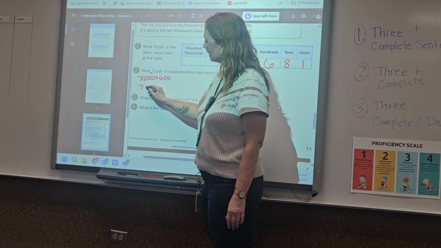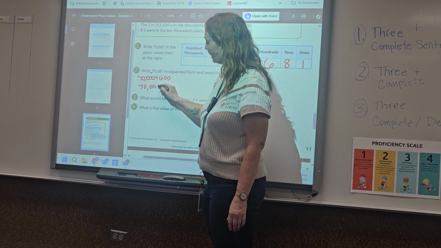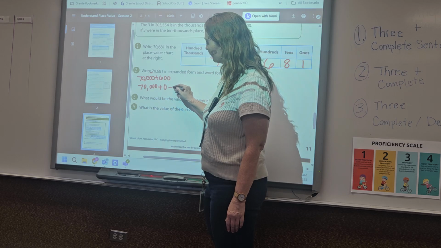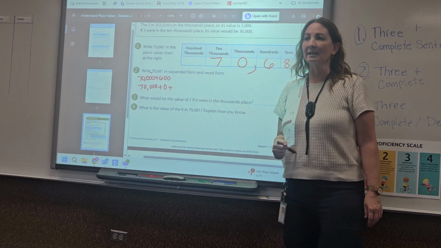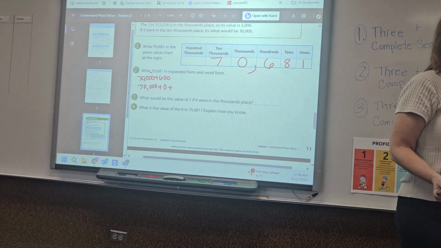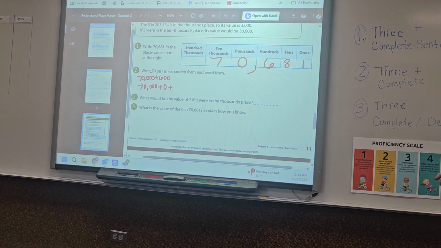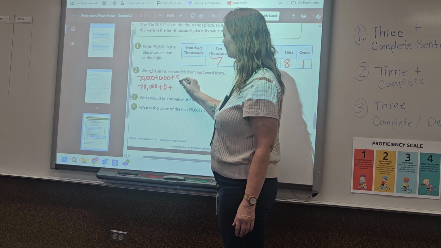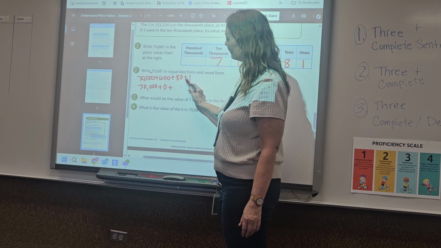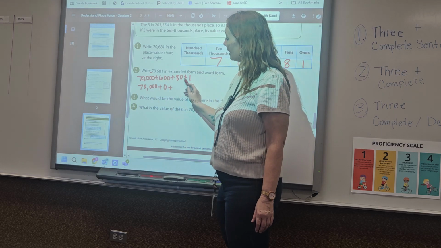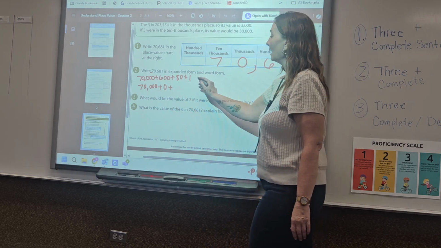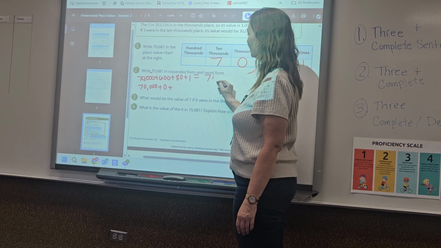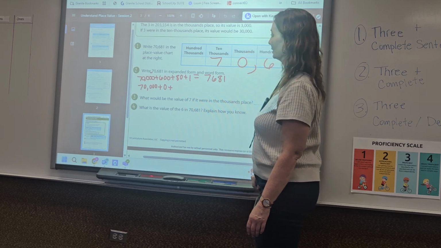I don't like that. I like having my zeros there because they remind me that there are 0. If it doesn't have a 0 and just does this, like what the book is wanting to do, that's right and that's great, but then I have kids doing this for their answer.